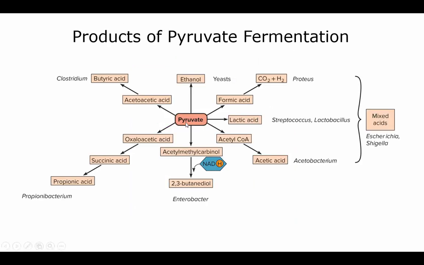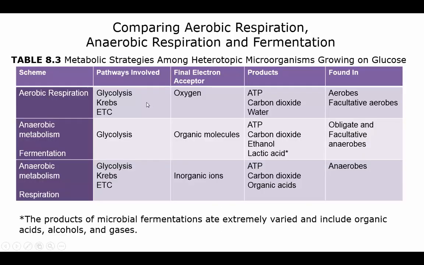So, do you remember glucose is split into pyruvate? Well, look at what pyruvate can then be turned into. And again, I'm not going to make you know all these products. I just simply want you to see that one pyruvate molecule can actually be used to make a lot depending on what the cell needs.